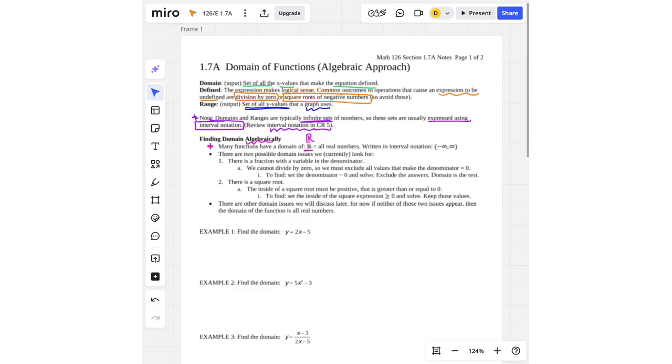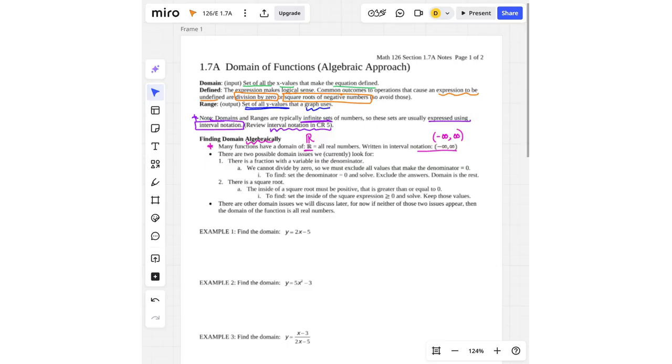If we're going to write this in interval notation, we would express it as from negative infinity to positive infinity. So there's no smallest value, it goes down forever. There's no largest value, it goes up forever. And as we discussed in CR5, we always put parentheses around our infinity symbols. So most of our functions are going to have a domain of all real numbers.